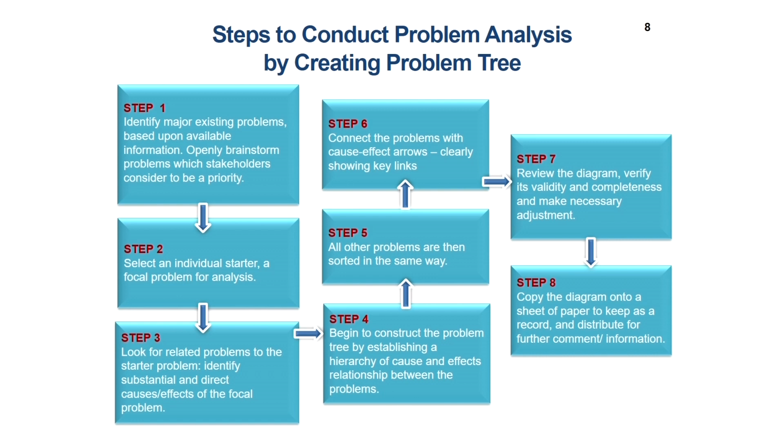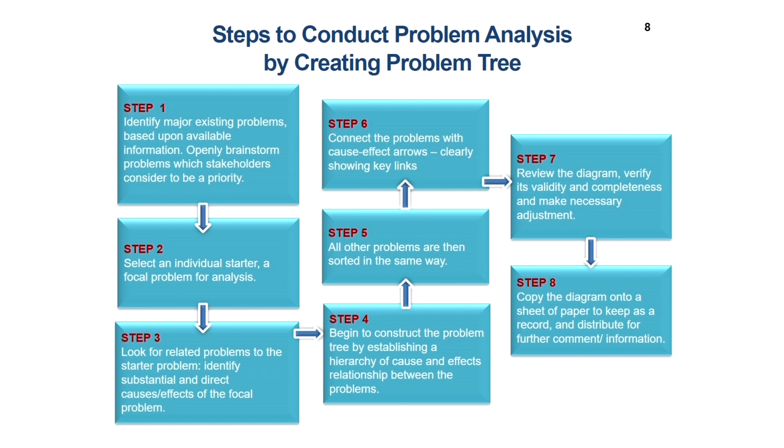In the case of the nutrition project that I am talking about, the individual starter could be the children themselves, and the massive undernutrition and malnutrition being faced by the children could be the focal problem of analysis. Step 3, we look for problems related to the starter problem, and identify substantial and direct causes and effects of the focal problem.